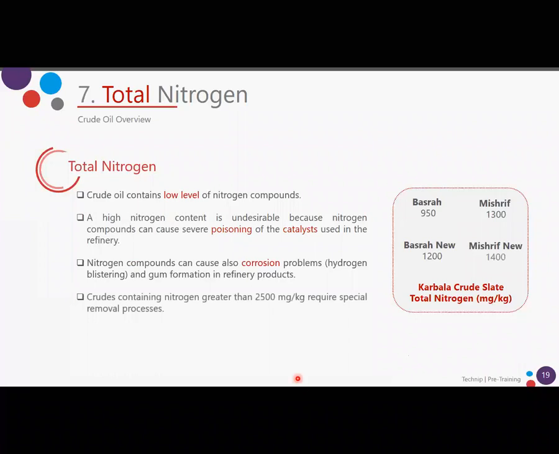Crudes containing nitrogen greater than 2,500 milligrams per kilogram require a special removal process. In our case, the nitrogen content in the crude oils that will be processed in the Carvalho is lower than 2,500.